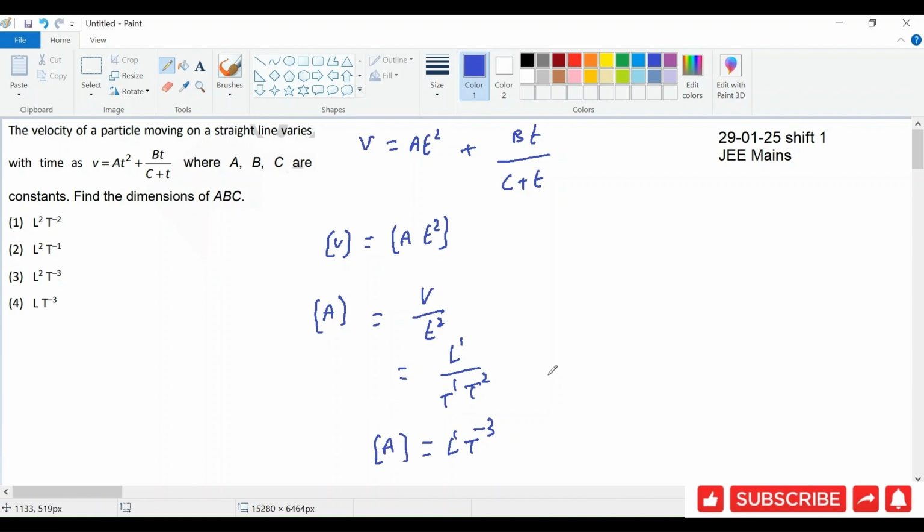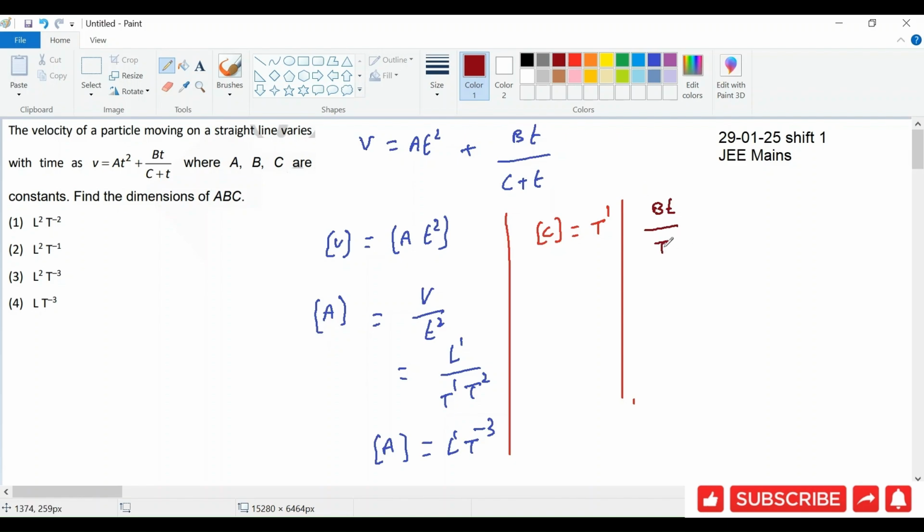They were asking for the dimensions of A into B into C. A we got. Next, C we can find out easily first. In C plus T, we can add only when they are dimensionally equal. So the dimensional formula of C is simply the dimensional formula of time. The last one, B. This whole thing is equal to V. In BT by this, you cannot add T plus T; even if you write 2T, 2 is a constant.